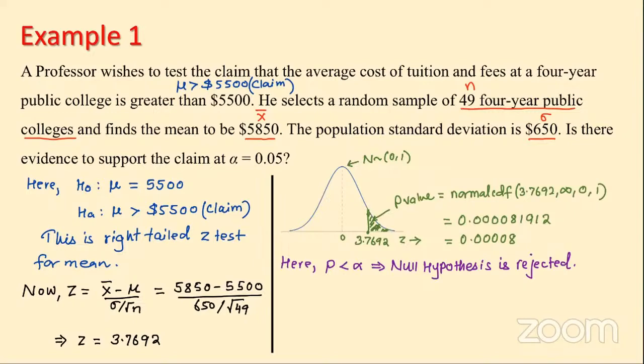I am going to do that using a red color here. I'm going to cross out the null hypothesis. Null hypothesis rejected.